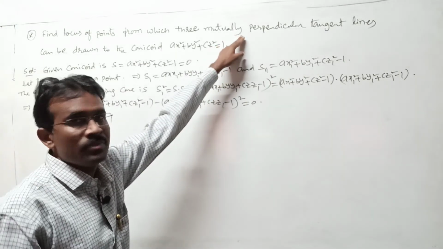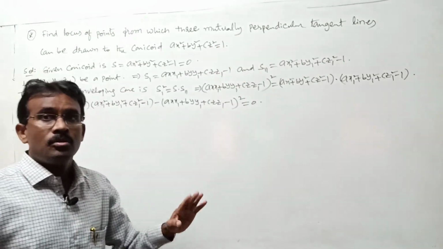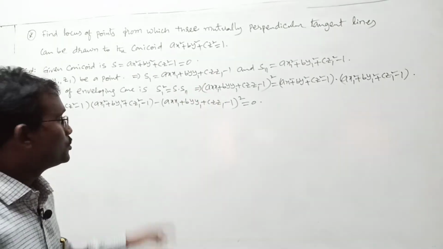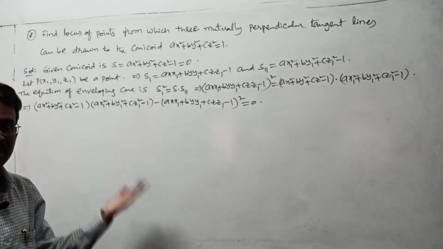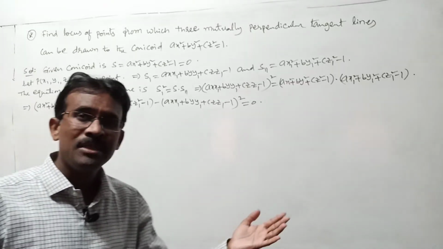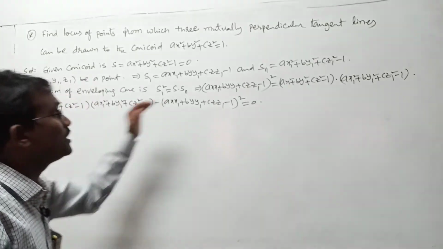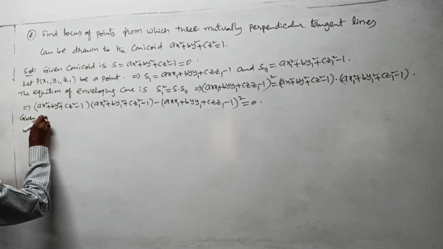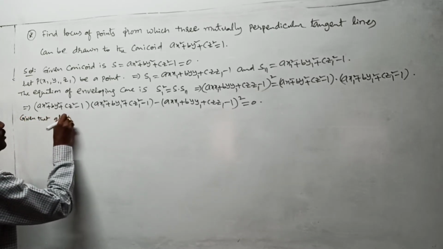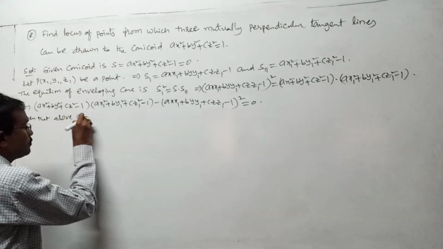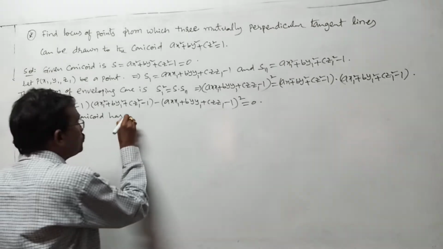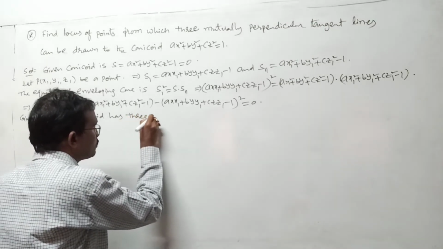Now use the condition. Given that the above conicoid has three mutually perpendicular tangent lines, in this equation the coefficient of x square plus coefficient of y square plus coefficient of z square is equal to 0. Use that condition.